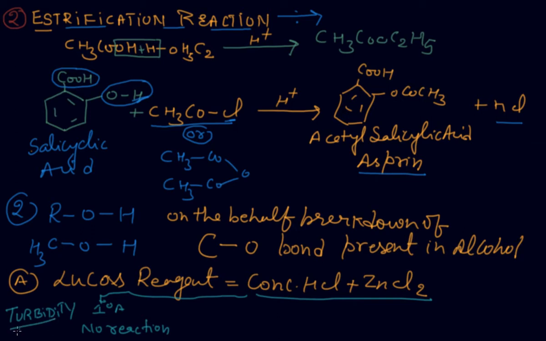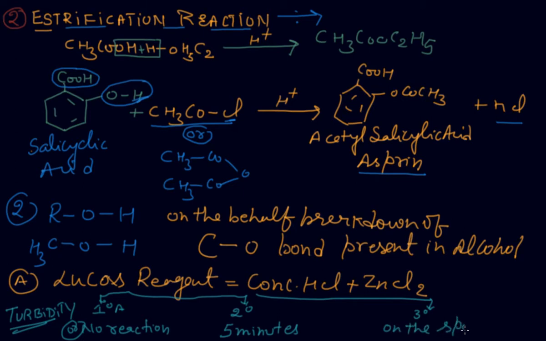With a secondary alcohol, Lucas reagent will give turbidity in 5 minutes. And when it reacts with a tertiary alcohol, the turbidity will come on the spot.